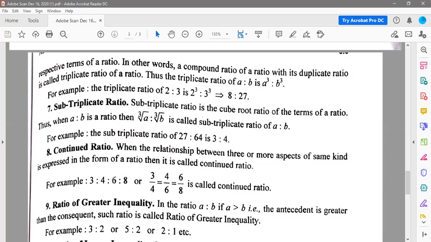And then the final ratio will be 6:8, that is 6/8. So 3/4 is equal to 4/6 is equal to 6/8. That is the continued ratio. After the first number, the 4 is being continued to the second ratio, and after that, the third number 6 is being continued to the next ratio.